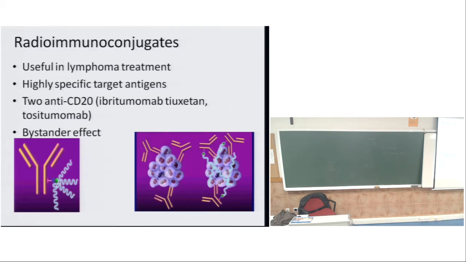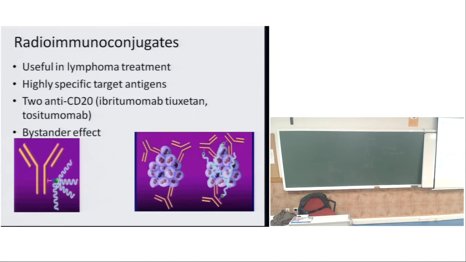But what about the rest of the cells that are not bound to the antibody? They will die. If we combine the monoclonal antibody with a radioactive isotope, then this isotope will kill the rest of the cells, and that is called the bystander effect. Not all cells have to be recognized by the antibody to be killed.